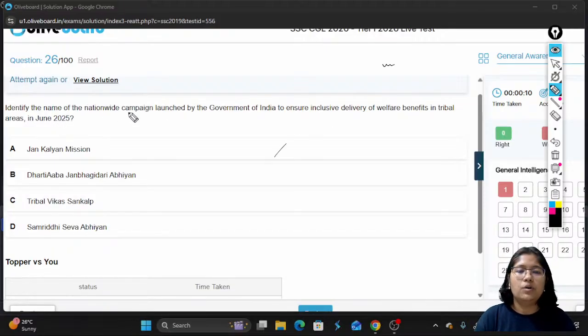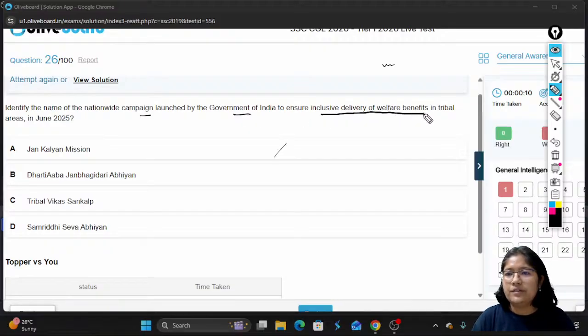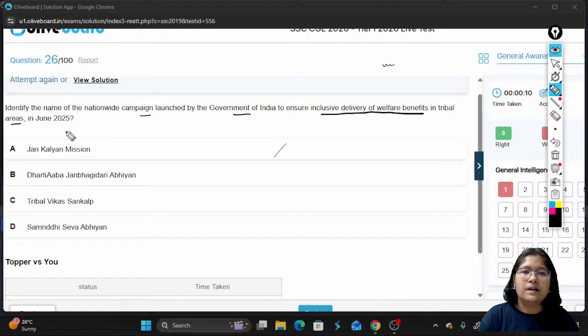Identify the name of the nationwide campaign launched by the Government of India to ensure inclusive delivery of welfare benefits in tribal areas in June 2025.